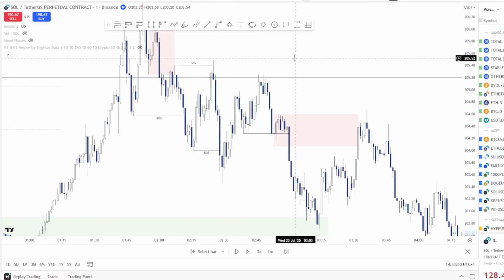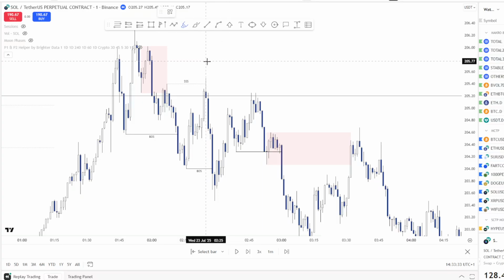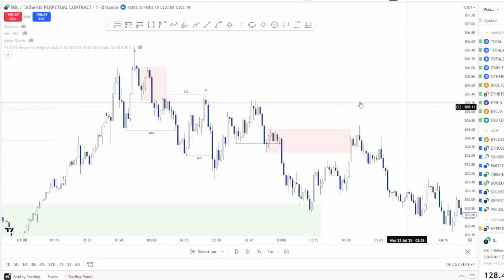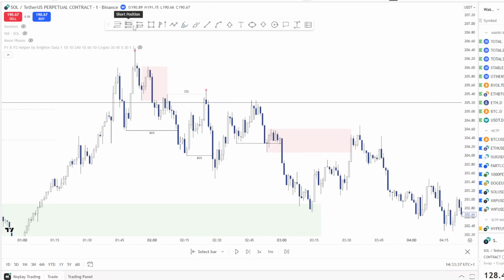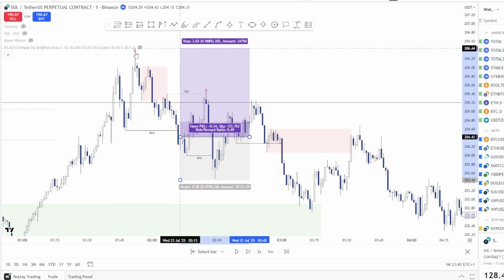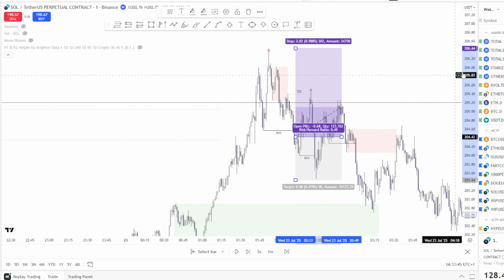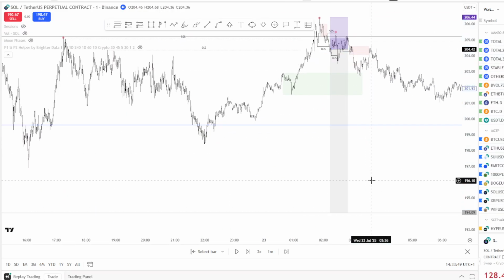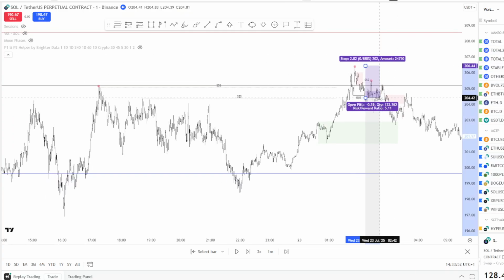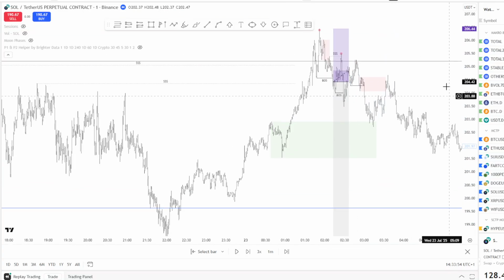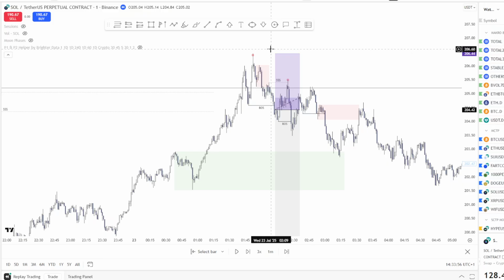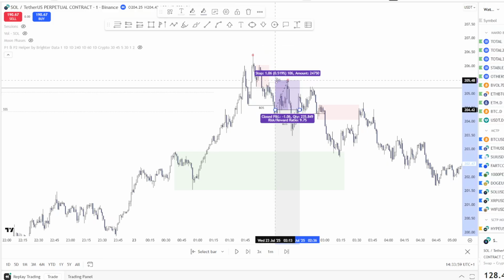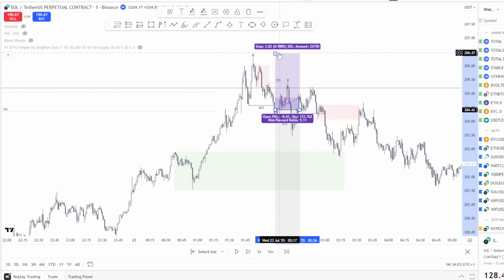So yeah, basically you could have entered here, maybe on a little retest, put the stop loss above here, target the range low for a nice 5R trade, and then after this you can trail your SL down here and only risk 50%.